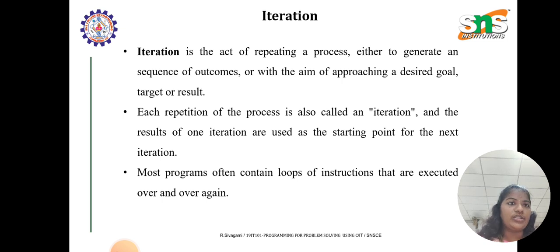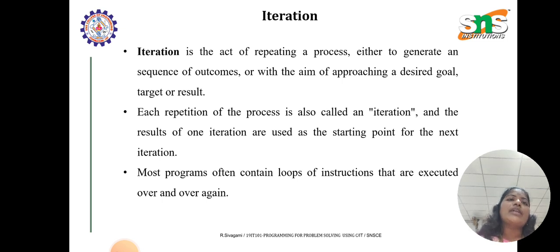Iteration is the act of repeating a process, either to generate a sequence of outcomes or with the aim of approaching a desired goal, target or result. Each repetition of the process is called an iteration, and the result of one iteration is used as the starting point for the next iteration.